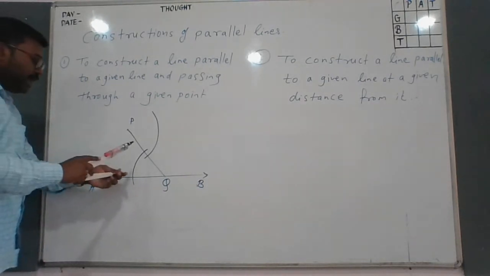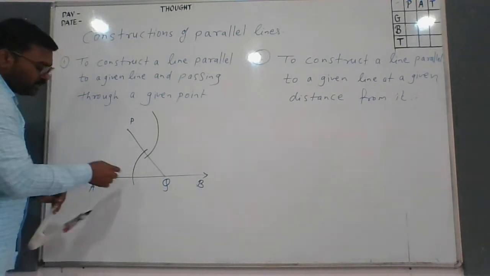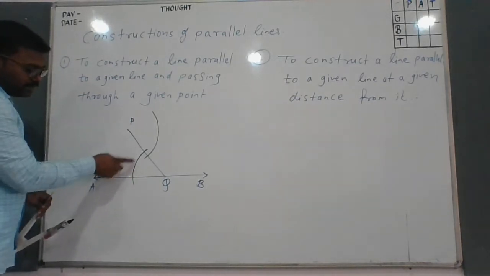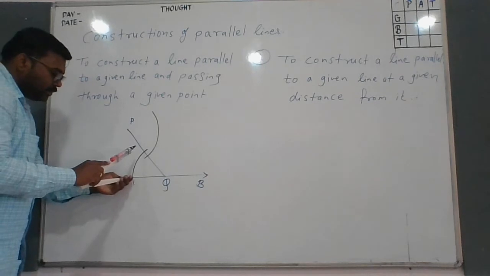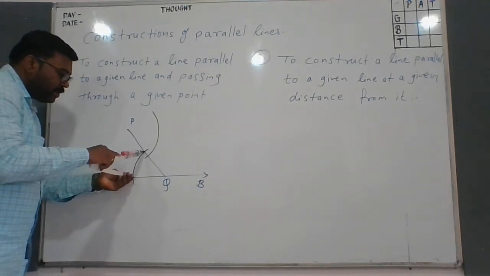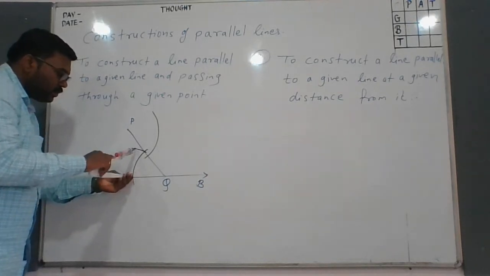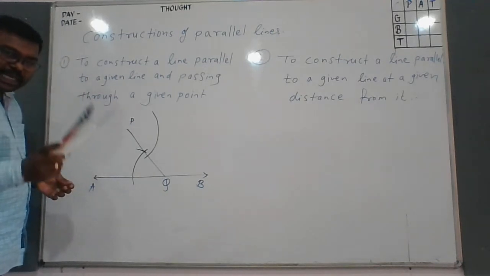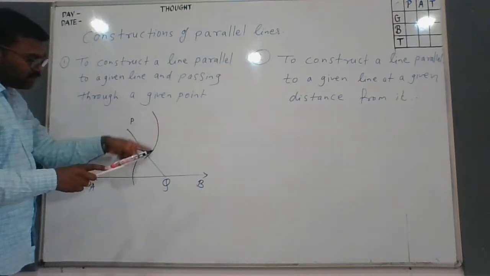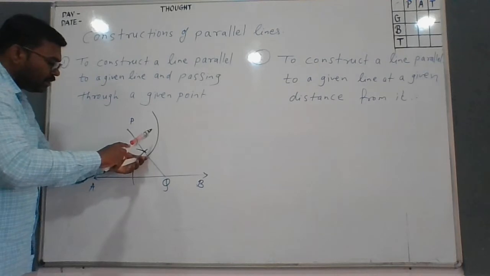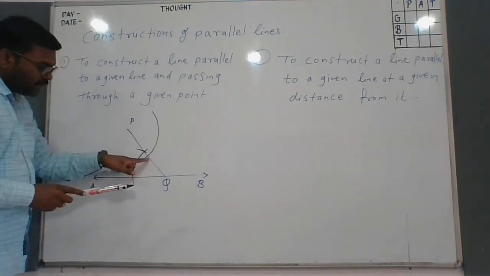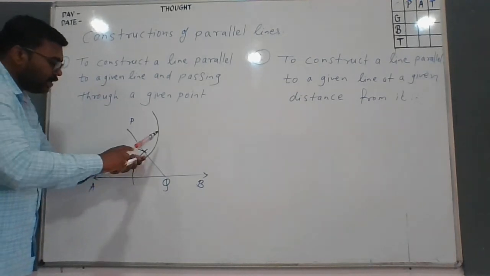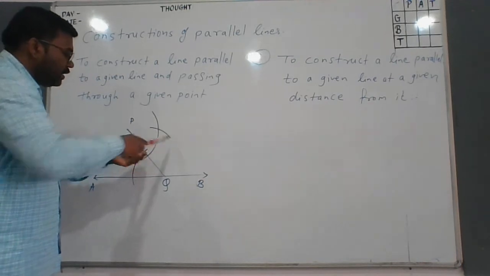Now, measure this arc, means we will measure these two points with the help of our compass. Okay? And with the same radius, this was our second arc. Put it here, where the arc is intersecting on the arm, and cut it.